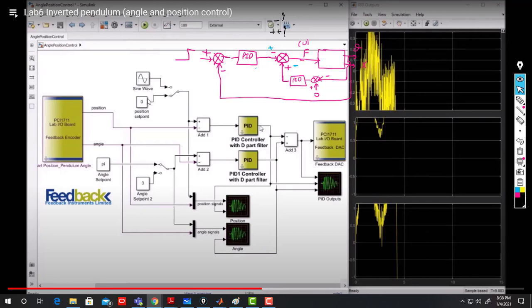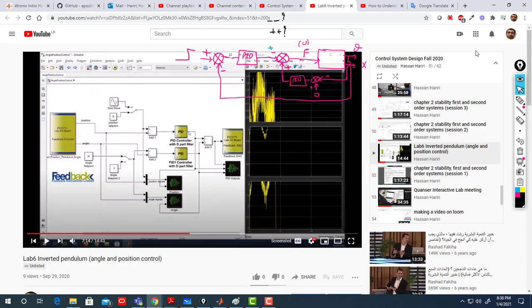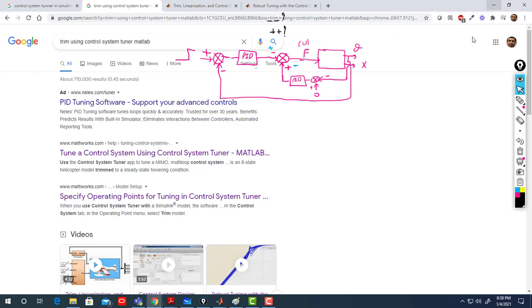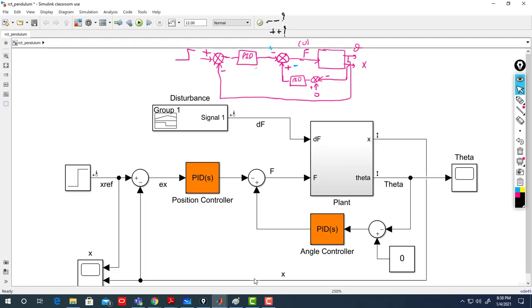Could be a step, could be a sine wave, could be a given position, and the output of it is going to enter a PID controller, and then subtracted and added to the angle controller, and the output of it is the force applied, or the control effort applied, to the motor of the inverted pendulum. Okay, so that's the system. I repeated it here. I make it this way, and let's look at it in Simulink.